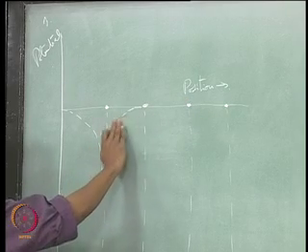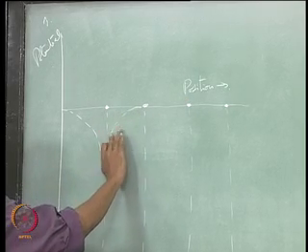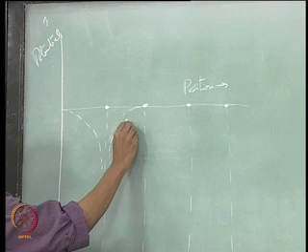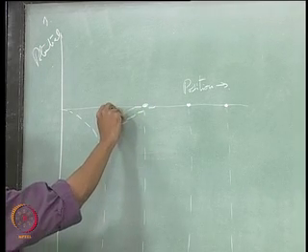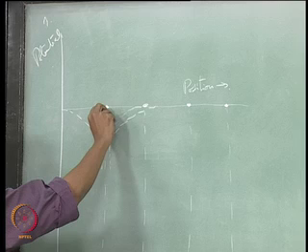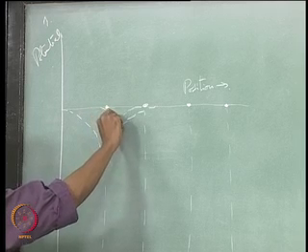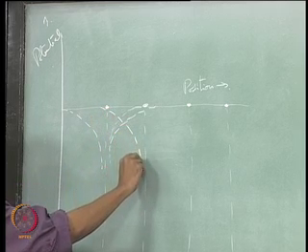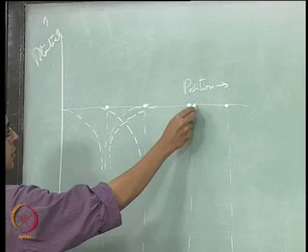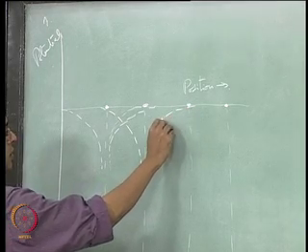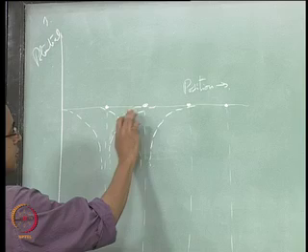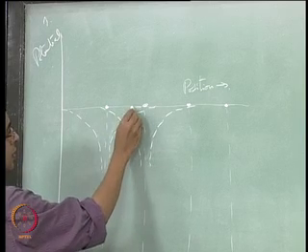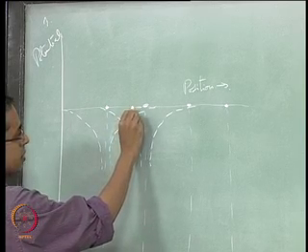I don't want to mislead you here, so we will just say that goes that way. Similarly for this ion you will see a behavior that looks like this. For the next ion you will see a behavior that looks like that.